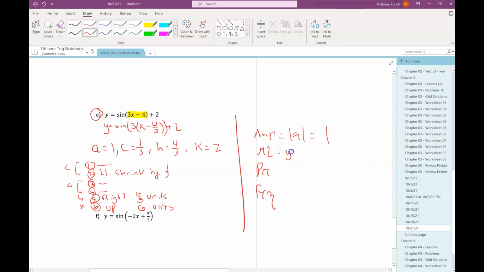The midline is y equals K. So in this case, that's y equals 2. The period is 2 pi times the absolute value of C. So in this case, that's 2 pi over 3. And the frequency is the reciprocal of the period. So that's going to be 3 over 2 pi.